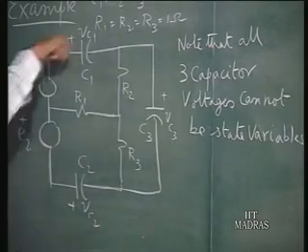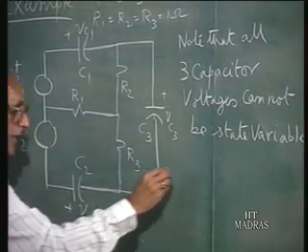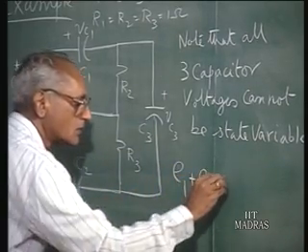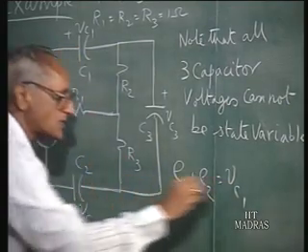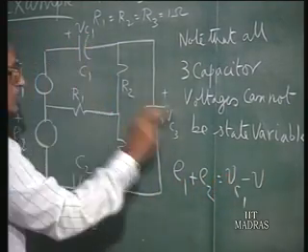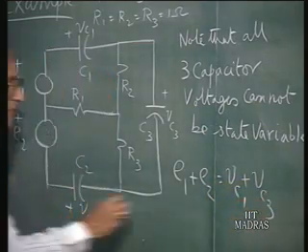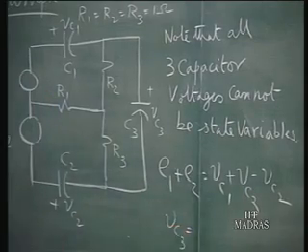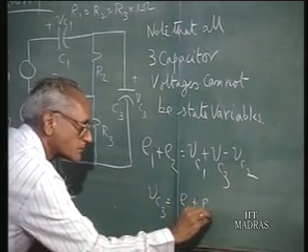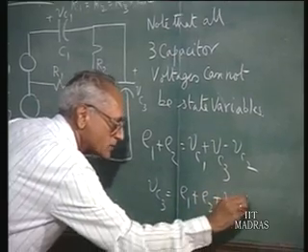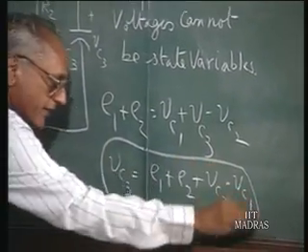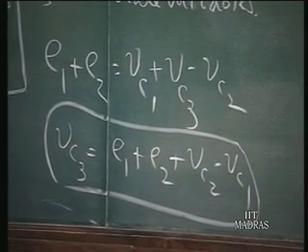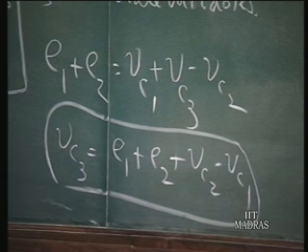If you write Kirchhoff's voltage law for this loop, you will observe that E1 plus E2 equals Vc1 plus minus Vc1 plus Vc3 minus Vc2, or in other words Vc3 equals E1 plus E2 plus Vc2 minus Vc1. So Vc3 depends upon E1 plus E2 plus Vc2 minus Vc1. That is what we are having.